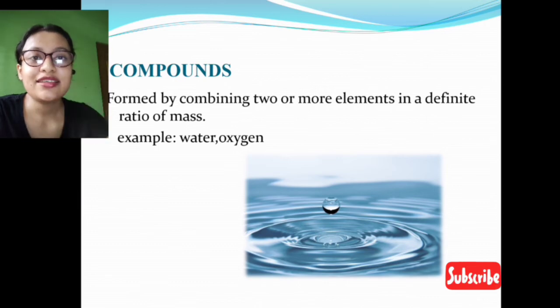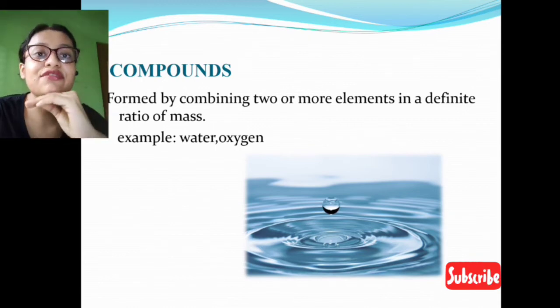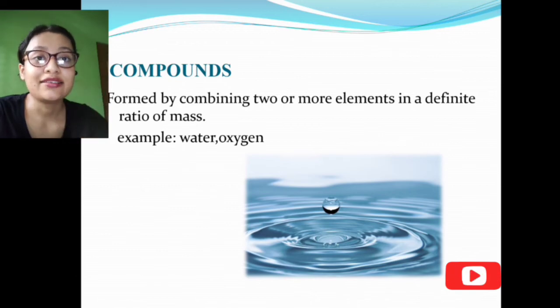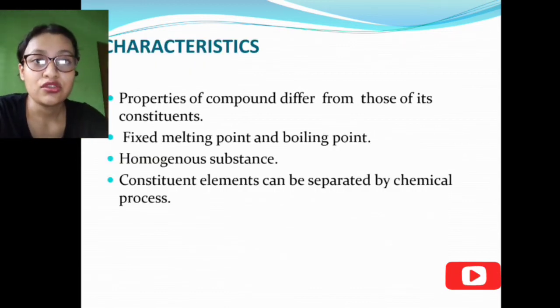Now let us discuss the compounds. Compounds are formed by combining two or more elements in a definite ratio of mass, and examples are water and oxygen. Now let us know the characteristics of compounds.